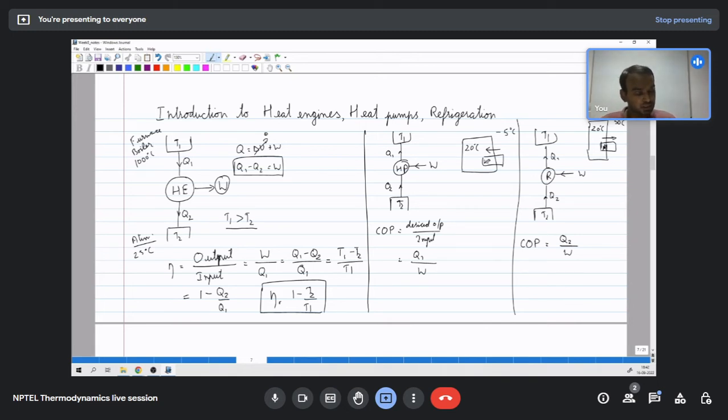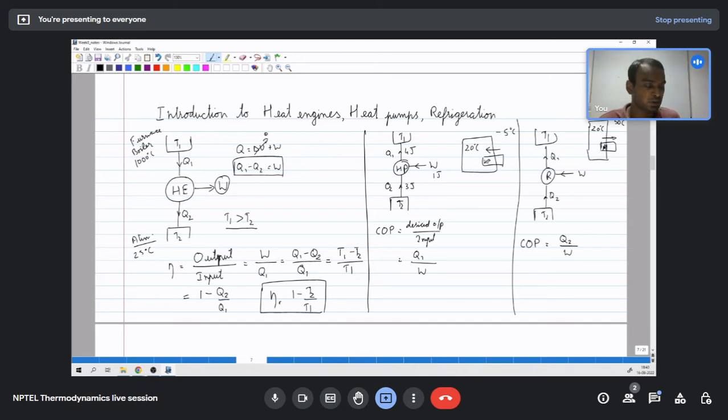The point of using a heat pump is that by giving 1 joule of mechanical energy, we will be able to supply, say if this is 3 joules, this can be 4 joules. So by supplying only 1 joule of mechanical work, we will be able to supply 4 joules of heat energy to a high temperature reservoir.